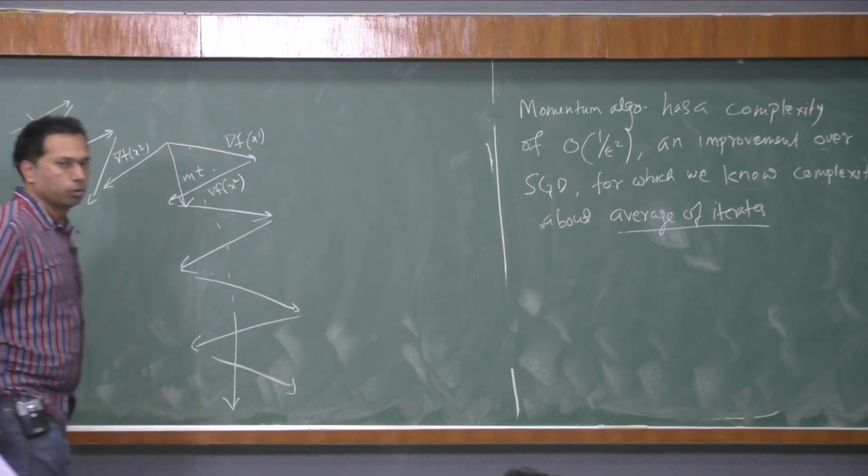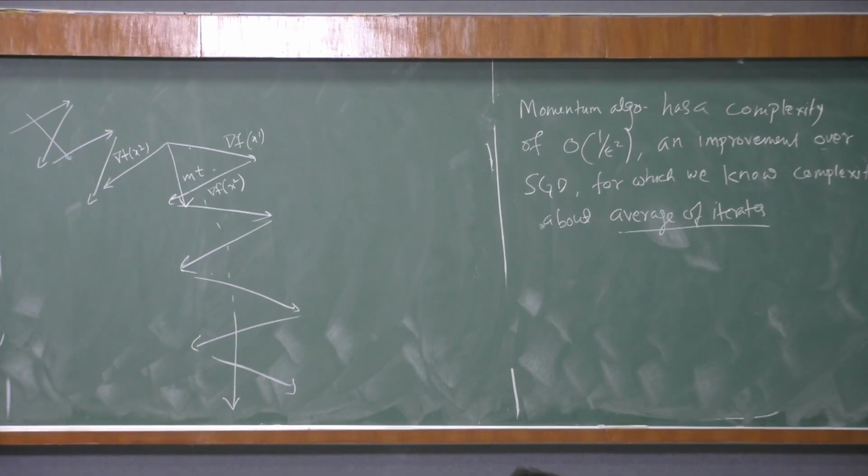If you recall SGD, then for SGD we had complexity results for the average of the iterates, and we were looking into X bar type, if you recall.